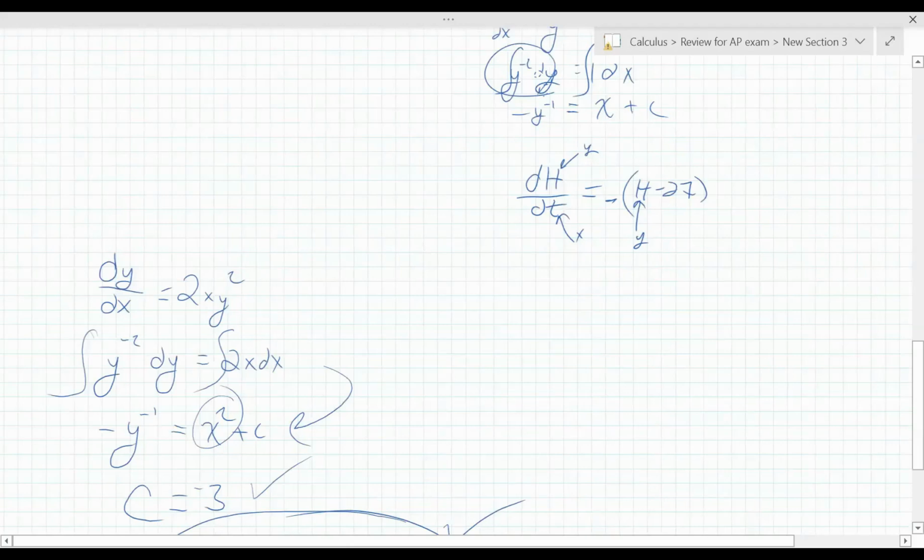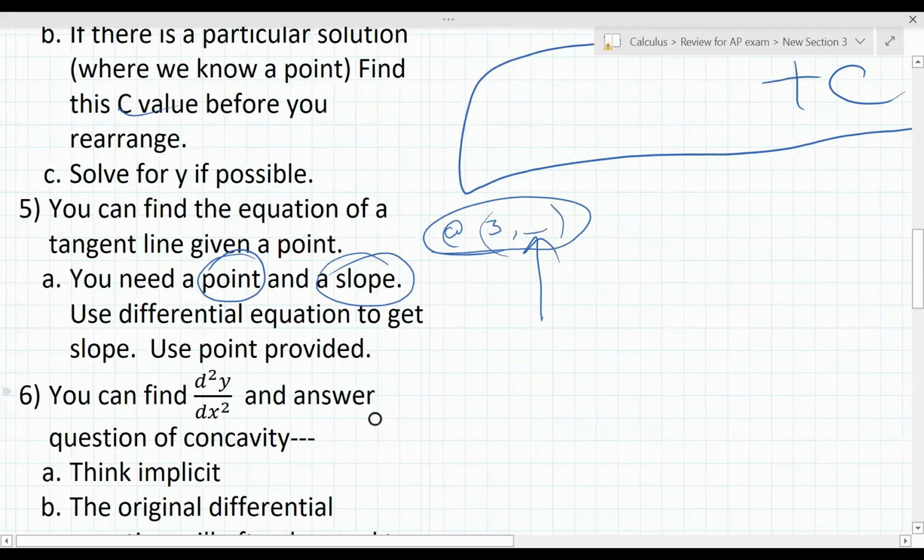The next thing is we're going to need a slope. And what's the easiest way to get a slope? Take the derivative. And it's easier because I don't need to take the derivative of that piece, because why? You have the differential equation.